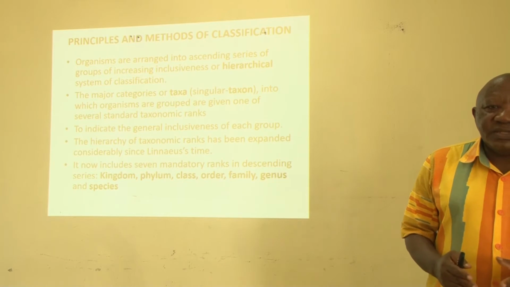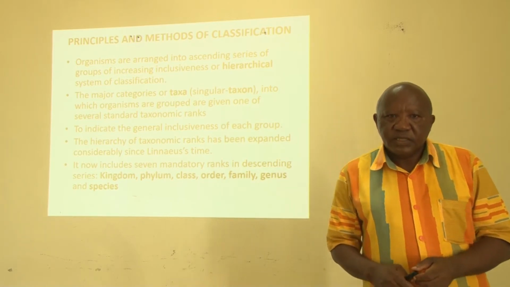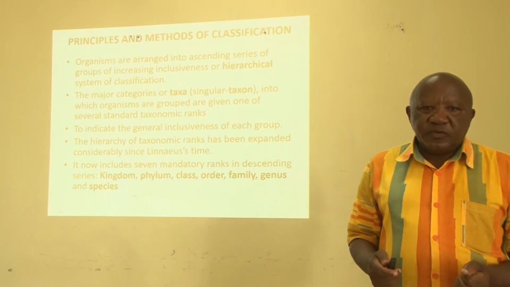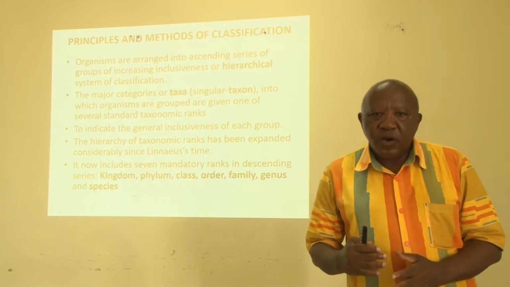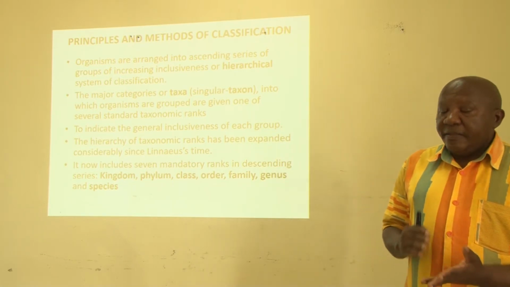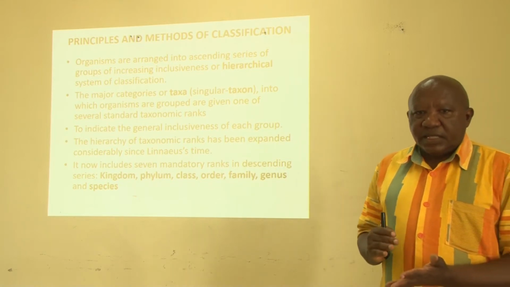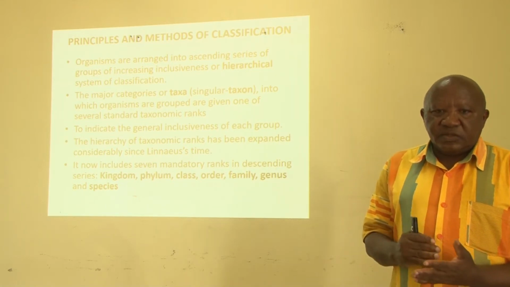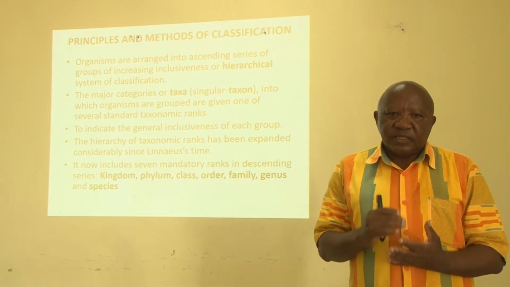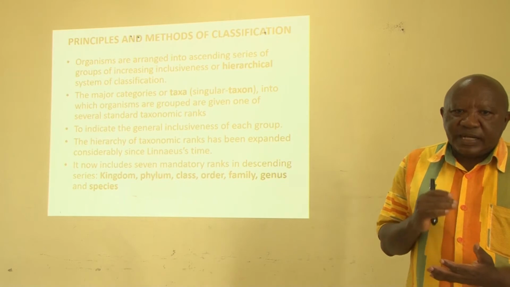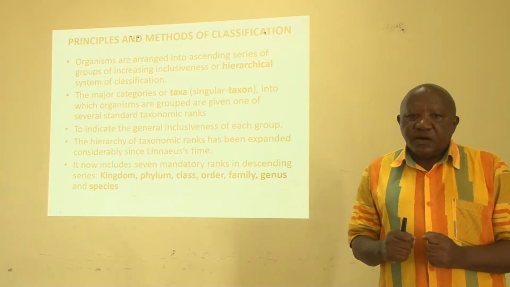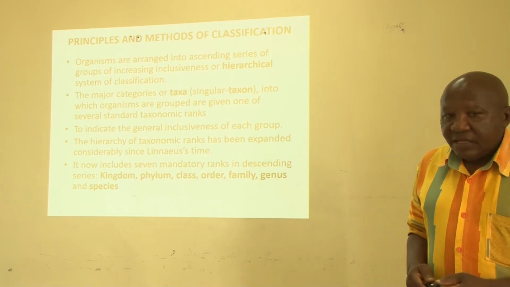Now let us look at the principles and methods of classification. Organisms are arranged into ascending series of groups of increasing inclusiveness, or a hierarchical system of classification. The major categories or taxa, singular taxon, into which organisms are grouped are given one of several standard taxonomic ranks to indicate the general inclusiveness of each group.